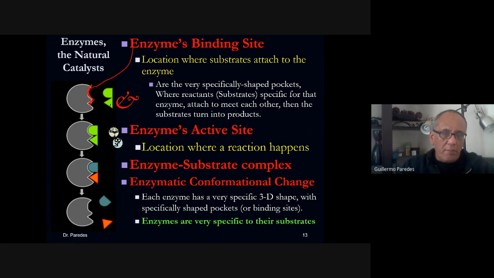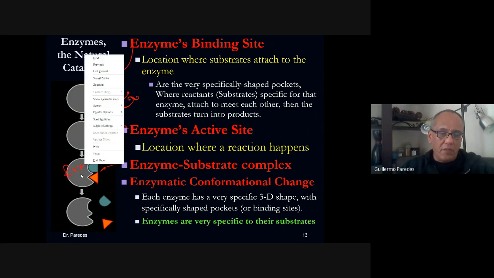Enzyme active site is the surface where the substrate matches with the enzyme and the enzyme with the substrate. That is the enzymatic active site. Enzyme substrate complex is actually the reaction in progress.